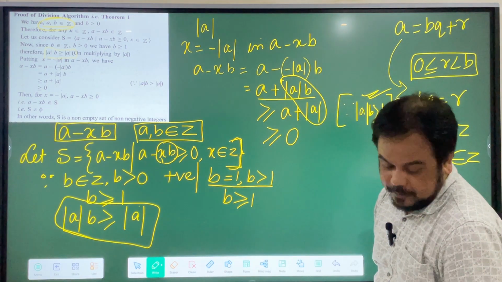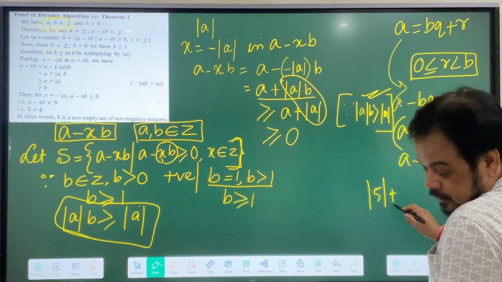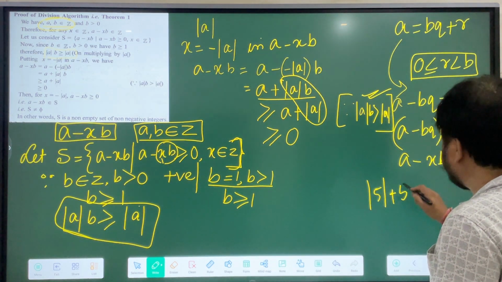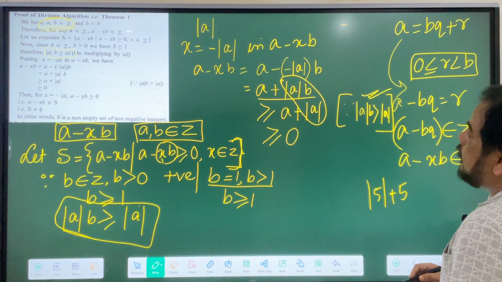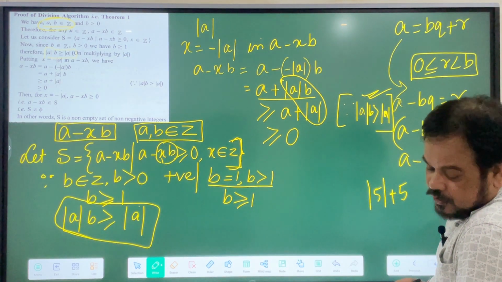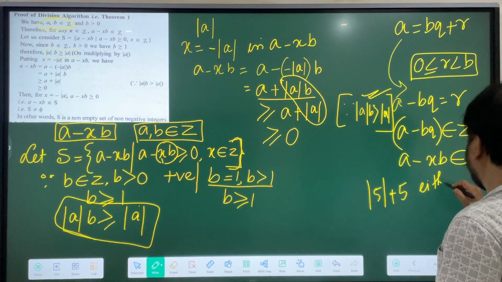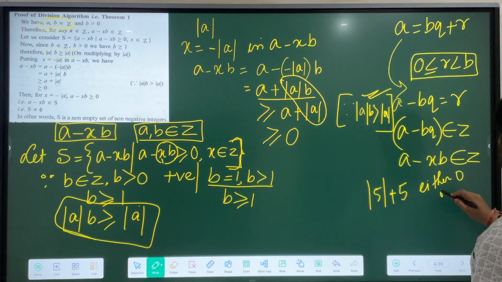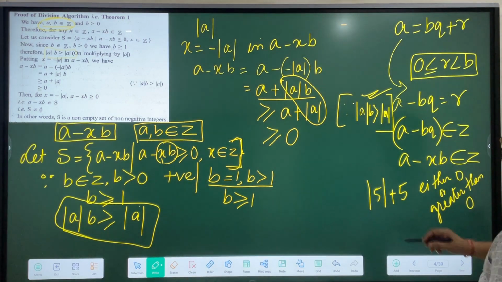Now look here. Mod of 5 plus 5 is either 0 or greater than 0.